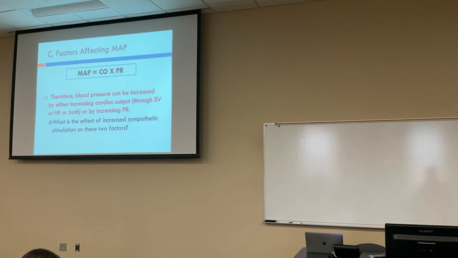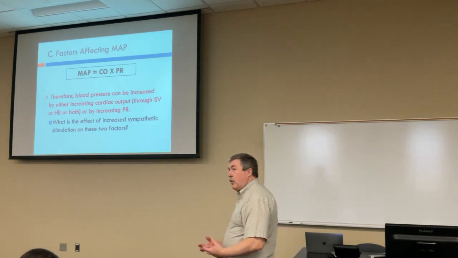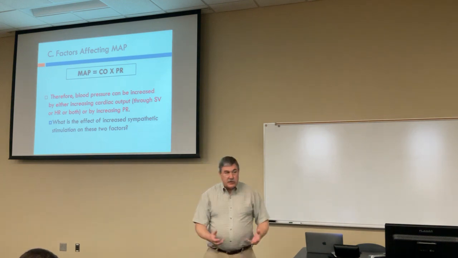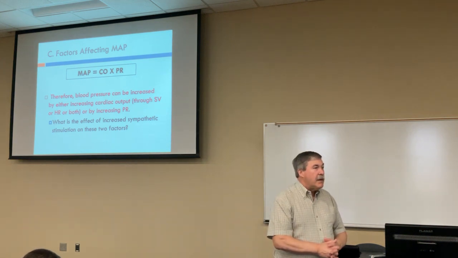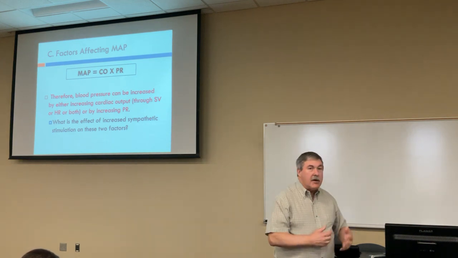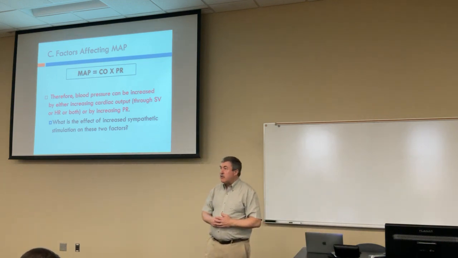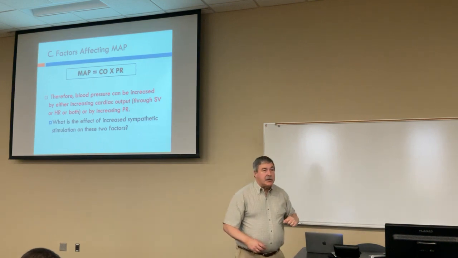As your blood pressure falls too low, you're going to have a decrease in blood flow to vital organs. And if it decreases too much, those organs are going to start to fail. So your body needs to increase mean arterial pressure sometimes just to maintain homeostasis if blood pressure falls too far. Or you could look at this just the opposite.